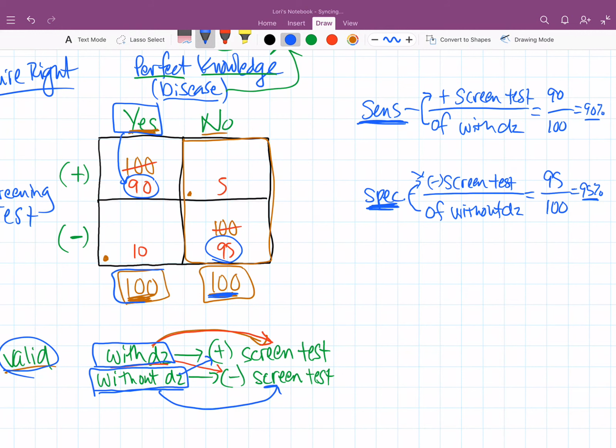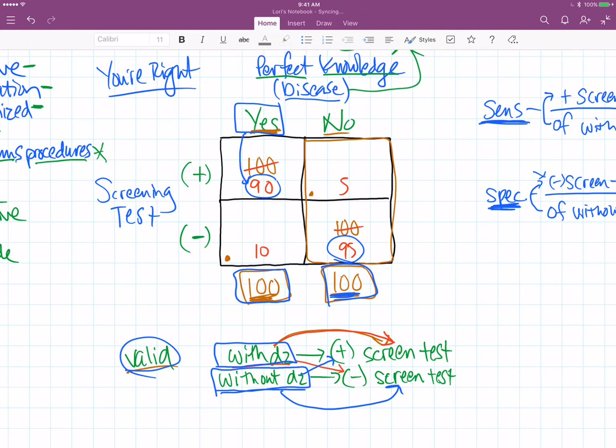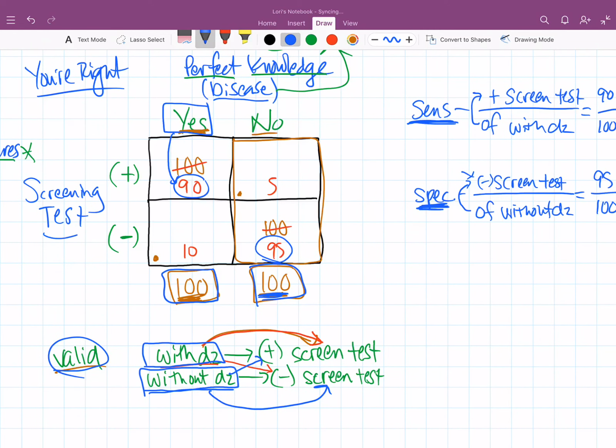We use the marginal totals here in the columns, and this points out the importance of setting your table up in a specific way. If we traded the screening test and whether they have disease or not, if we traded the rows and columns, then these marginal totals would no longer be on the bottom of the table.